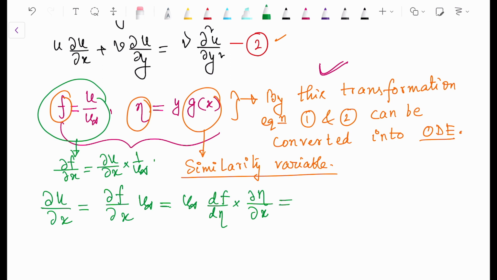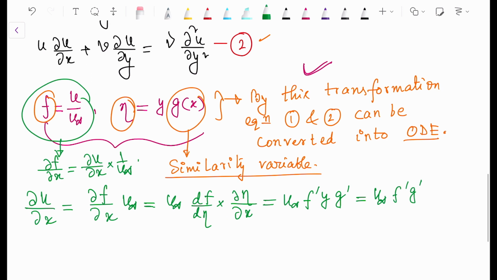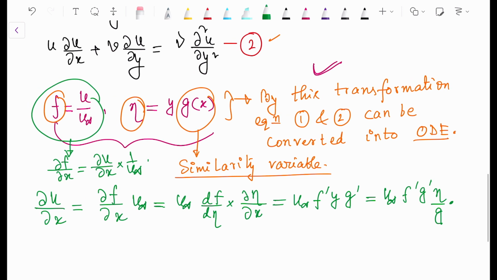And eta is y into g of x. So del eta del x will be y into g dash, so this will be u infinity f dash y g dash. Now I have y, but I don't want to have y, so I will replace y by eta by g. So this is my del u del x.